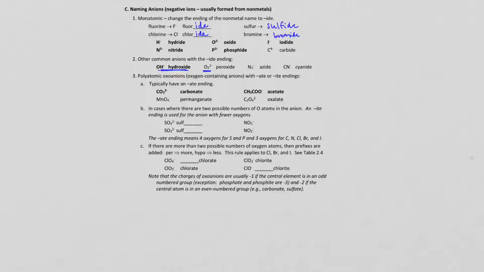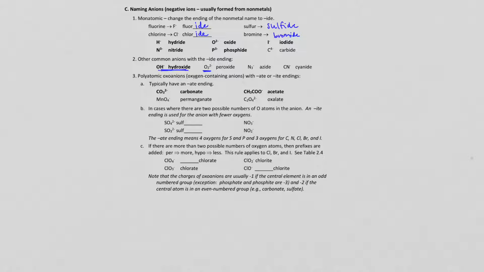The anion with the larger number of oxygens, or the larger oxyanion, or oxoanion, excuse me, will have the ATE ending, and the lower number of oxygens will have the ITE ending. Also, if there are more than two and there are even fewer oxygens than that with the ITE ending, it will have a hypo, HYPO, in front of it, much like sodium hypochlorite, the active ingredient in bleach.